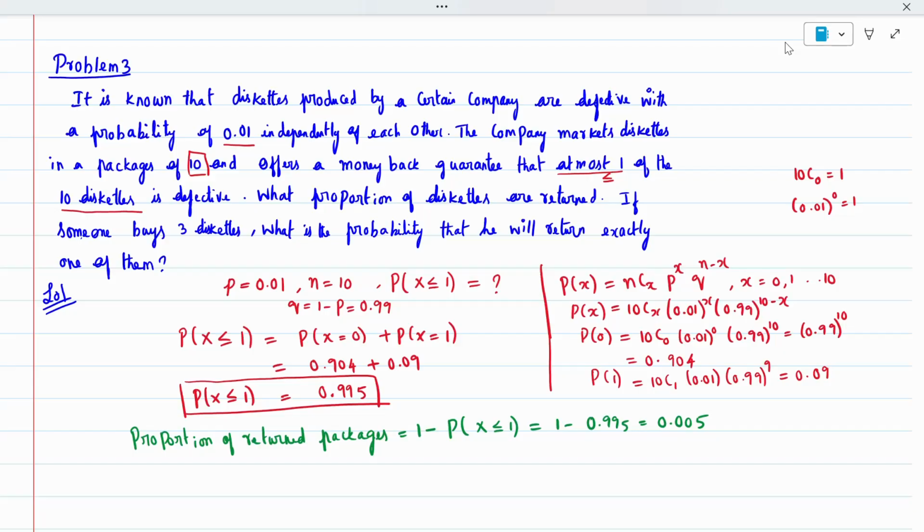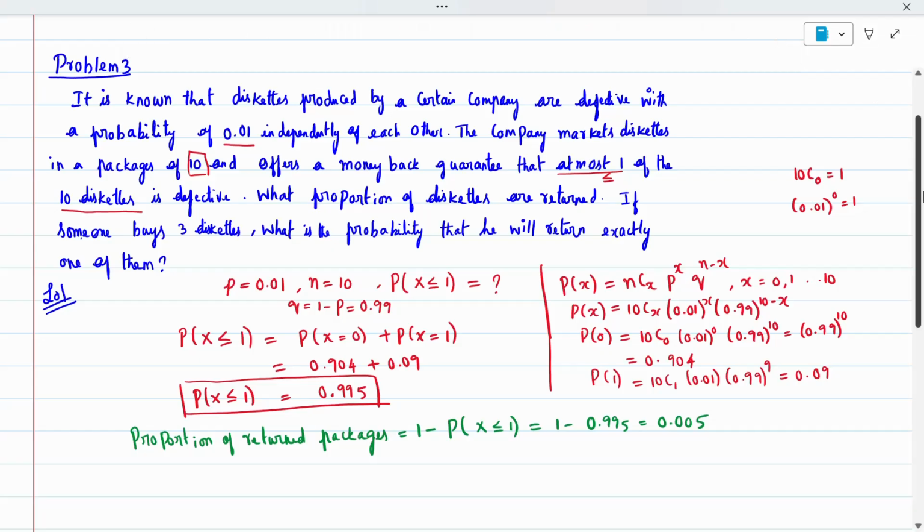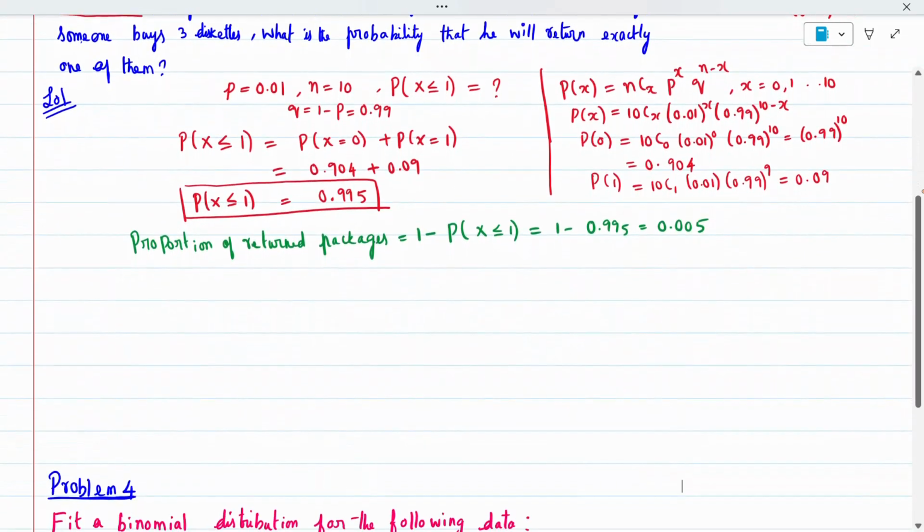Out of 3, one he is returning. So n is 3 disks.